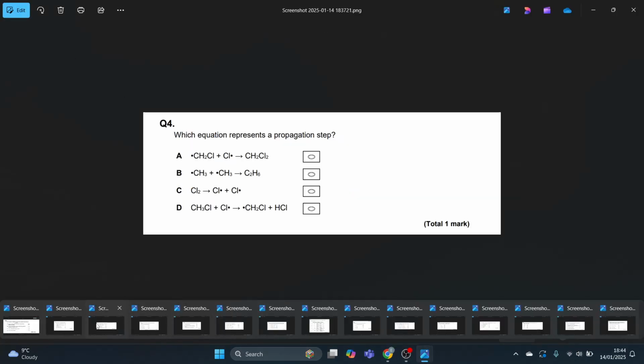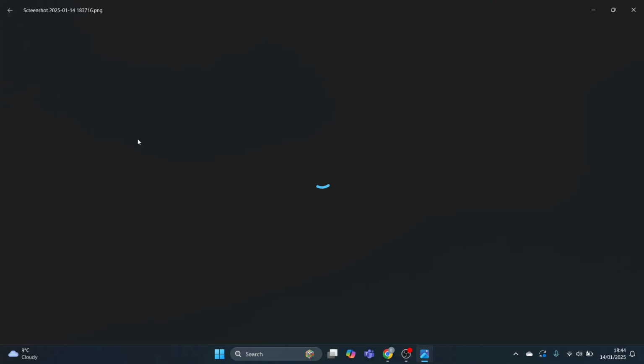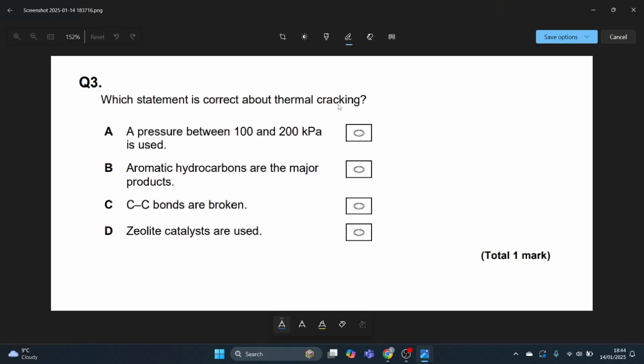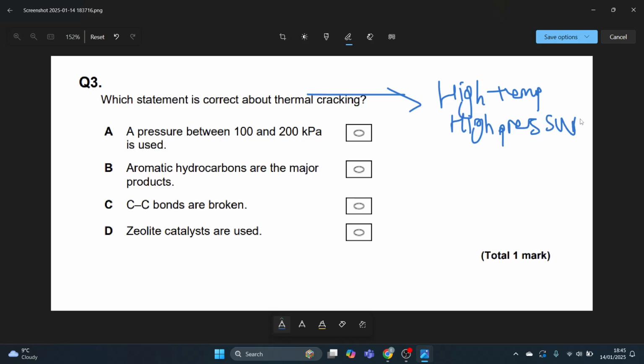Question 3. Which statement is correct about thermal cracking? Remember, I'm just going to jot this down: high temperature, high pressure. Zeolite catalysts are used. No, that's catalytic cracking.